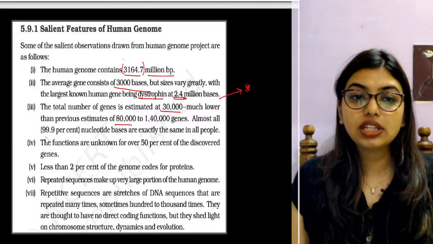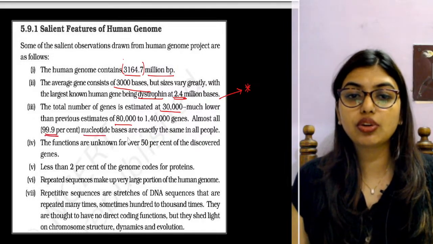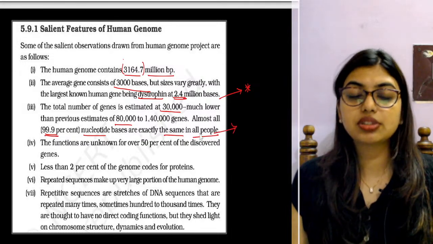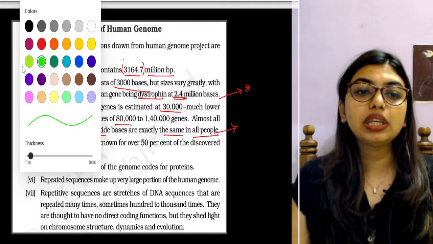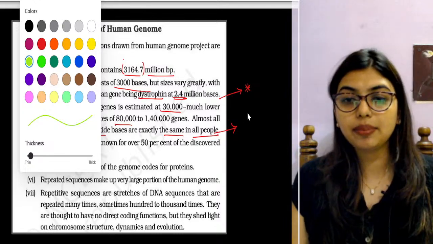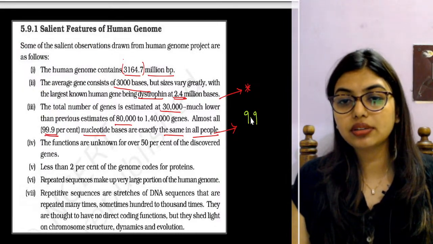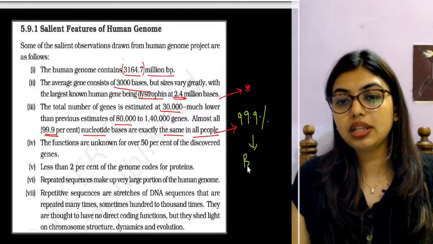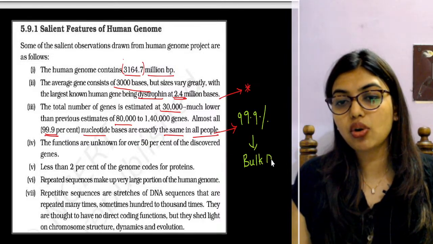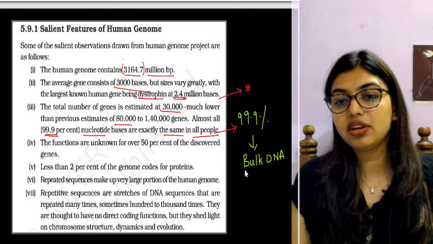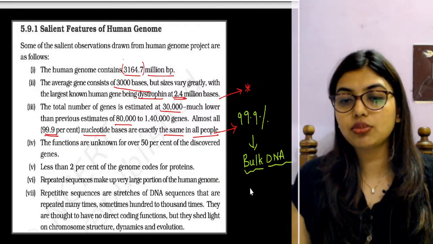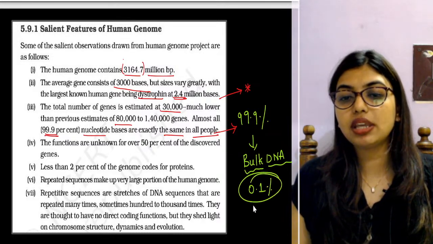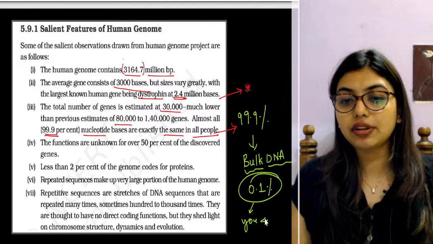Okay, 99.9% of nucleotide bases are exactly the same in all people. So students, what they're trying to say is that you, me, everyone are the same around 99.9%. That is, we have a bulk DNA which is present in almost all humans, but that 0.1% is what makes you and me different.